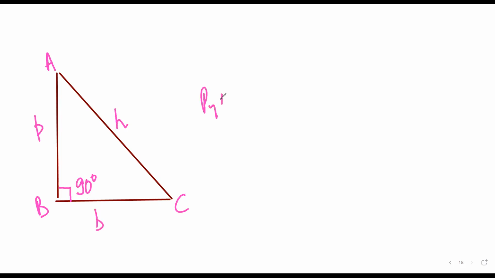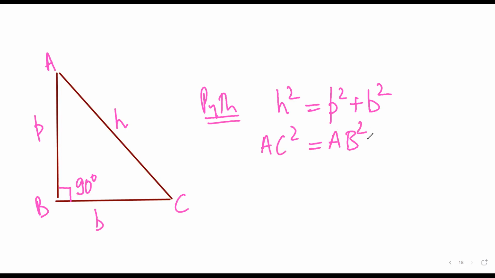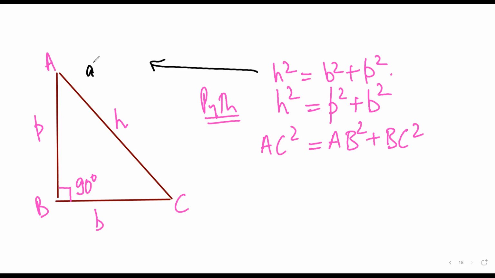So what does Mr. Pythagoras say? He says that hypotenuse square would be equal to p square plus b square. You can write this also as AC square is equal to AB square plus BC square. You can write this as hypotenuse square is equal to B square plus P square also. But please do not use the definition A square plus B square is equal to C square. This leads to a lot of confusion later, and then it becomes very difficult to explain. Have we understood? Yes, sir.